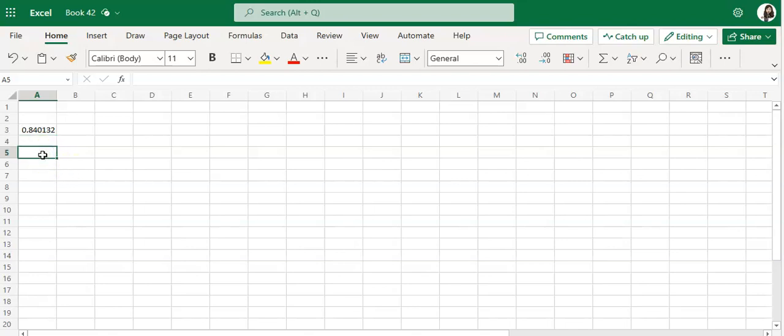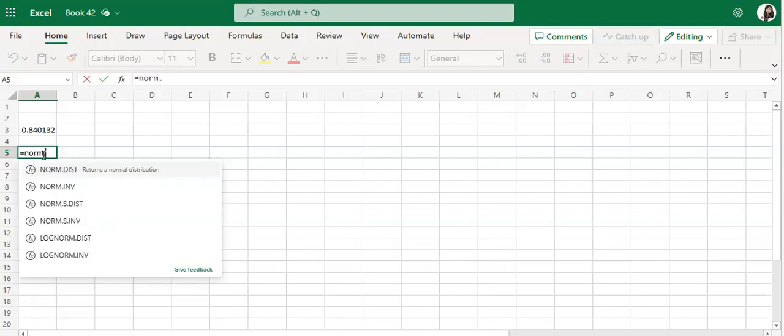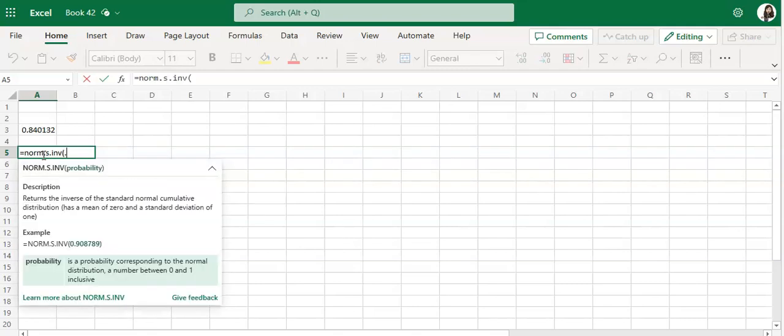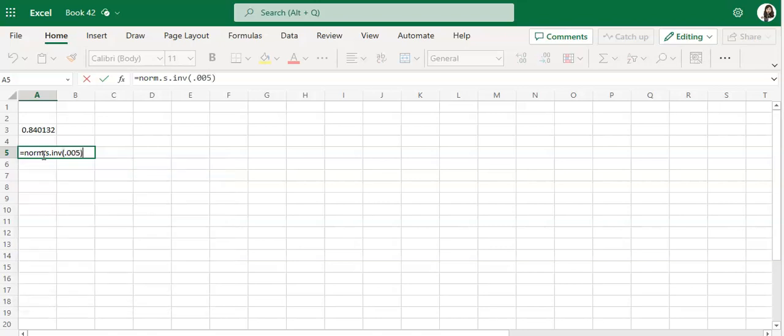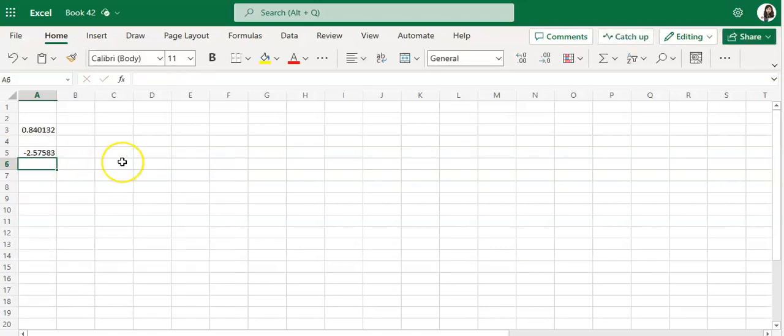We'll just put in norm.s.inv of 0.005. It gives me the negative z-value, and we want the positive since we're dealing with a right-tailed test. I think it said to round to 2 decimal places, so we'll have 2.58.